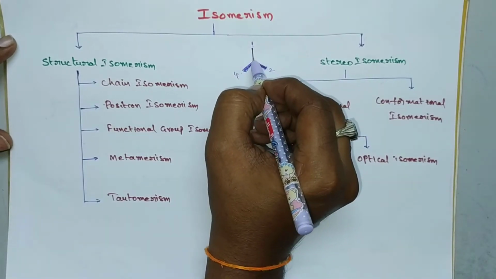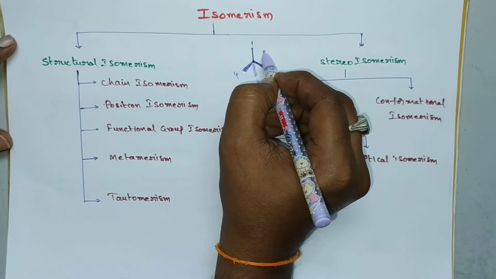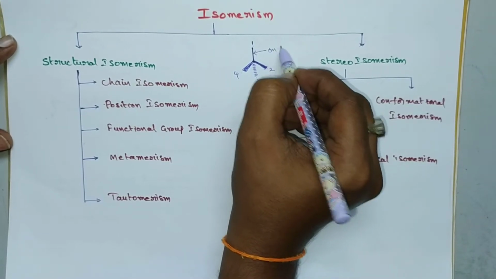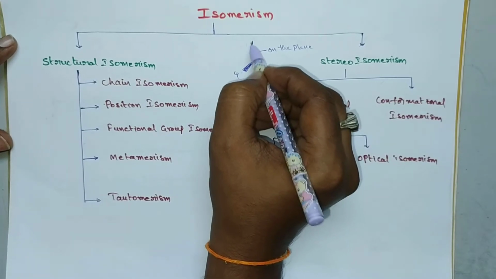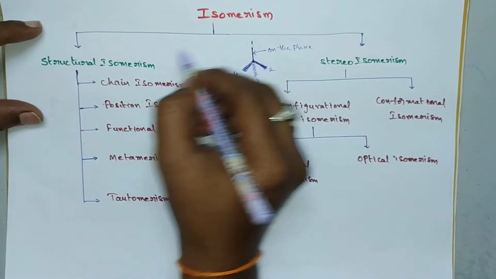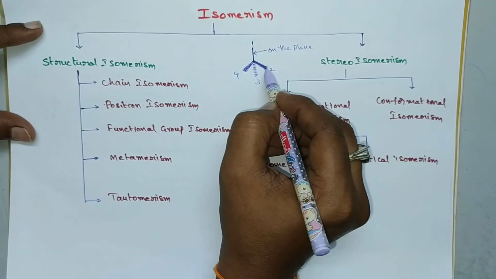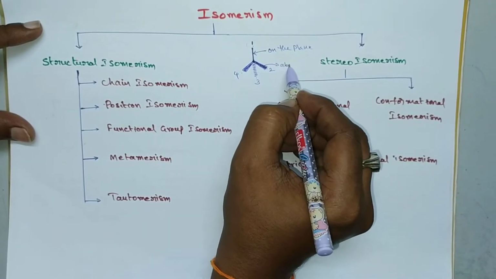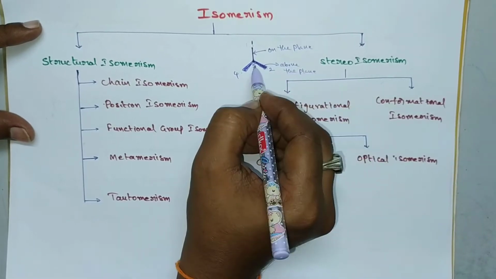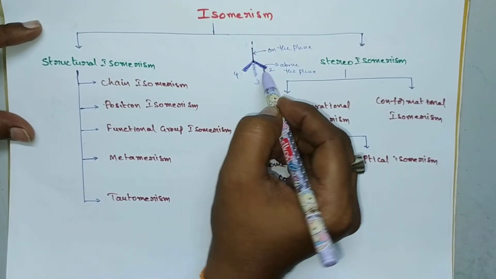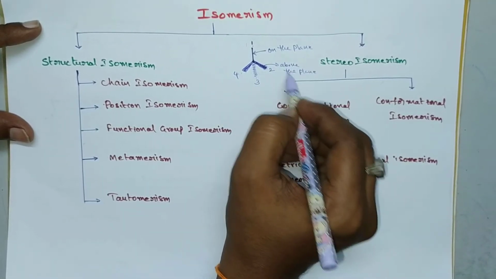The first atom is represented by a line, which means it is on the plane of the paper. If a dark line is there, it represents the second and fourth atoms, which are present above the plane.